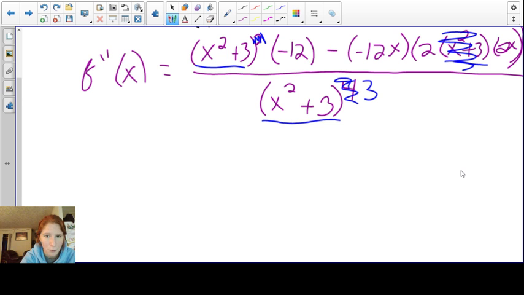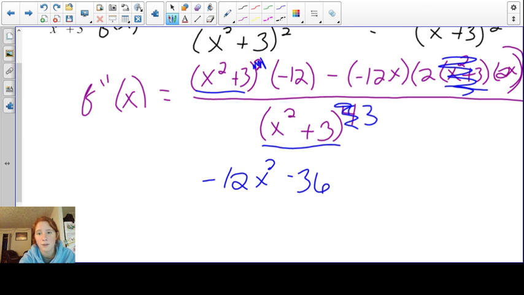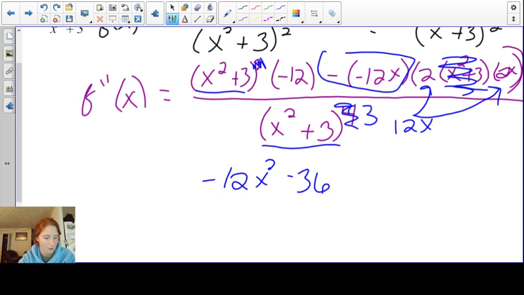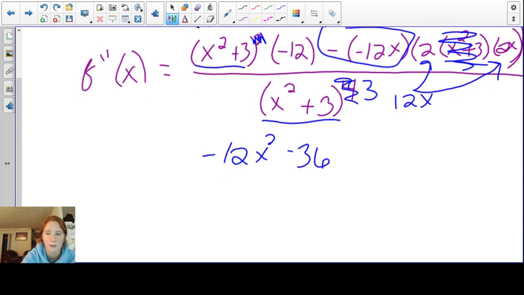So when I multiply this through, I get negative 12x squared minus 36. So I have negative 1 times negative 12x, which gives me a 12x. 12x times 2 is 24x, times 2x is 48x squared.